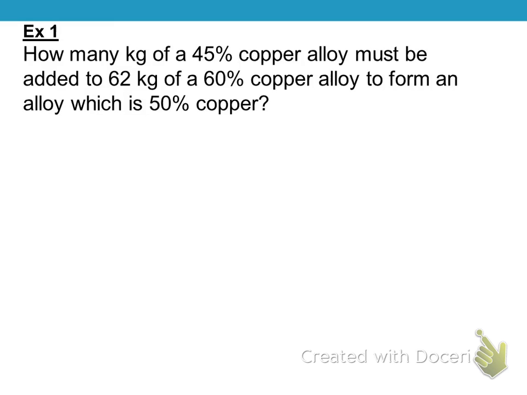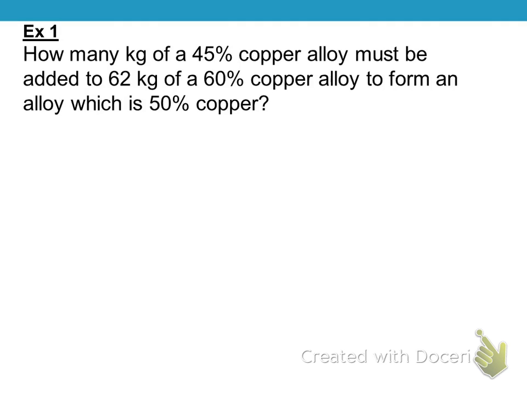So they have one that's 60% copper. They have one that's 45% copper. They want to pour them together to make 50% copper mixture. We know how much of the 60% alloy we have. We want to know how much of the other one, the lower percentage, the 45% alloy, we would need in order to pour them together and make something that is 50% copper.